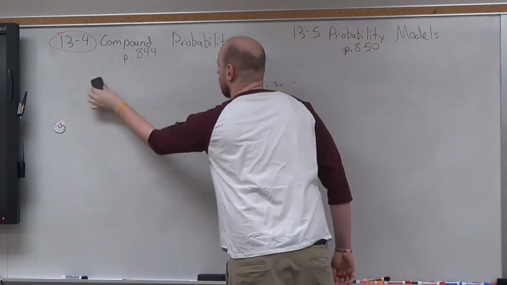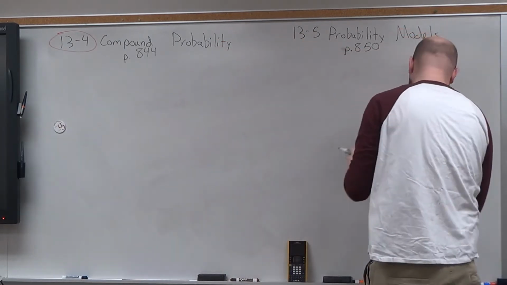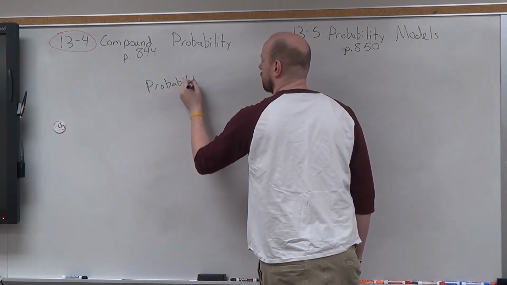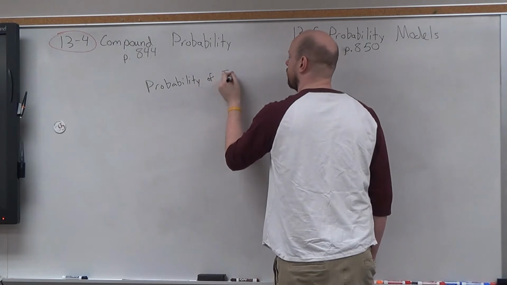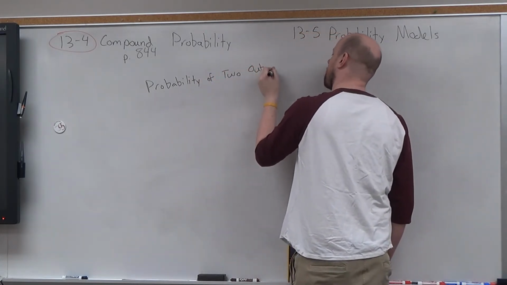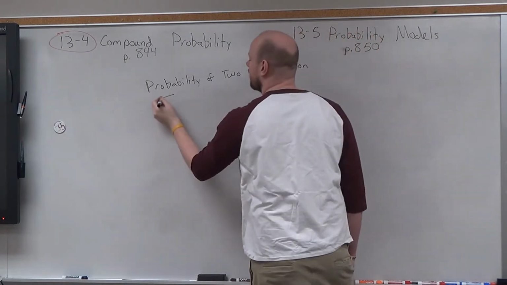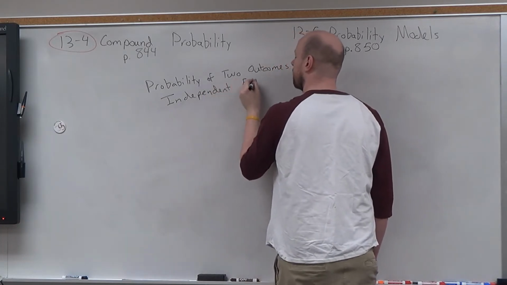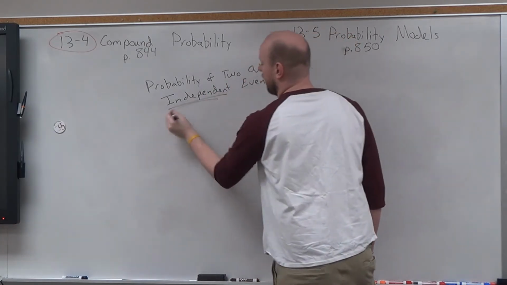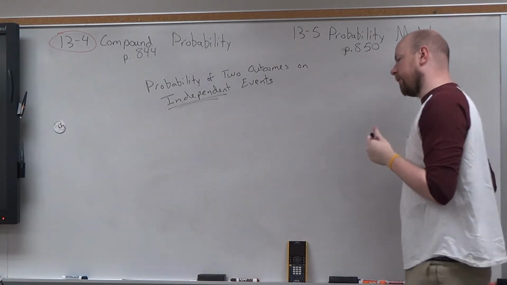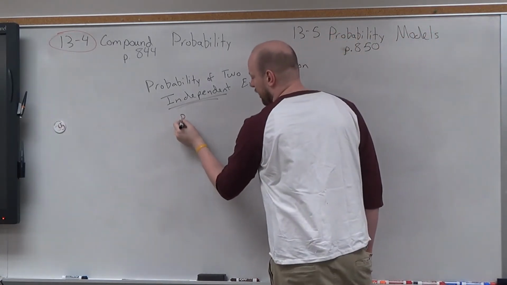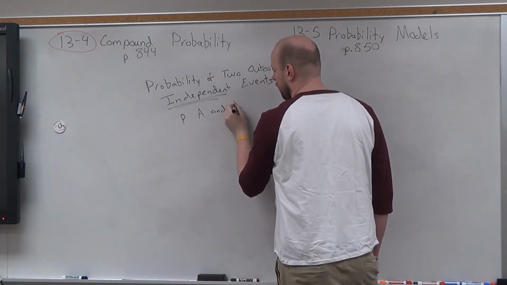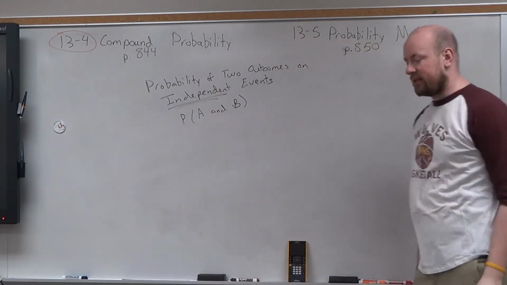Okay. Now, let's say I'm trying to find the probability of 2 outcomes on independent events. That's what we're going to focus on right now, independent events. So for the sake of just symbols, I want to find the probability of A and B, where A is one outcome and B is another outcome.